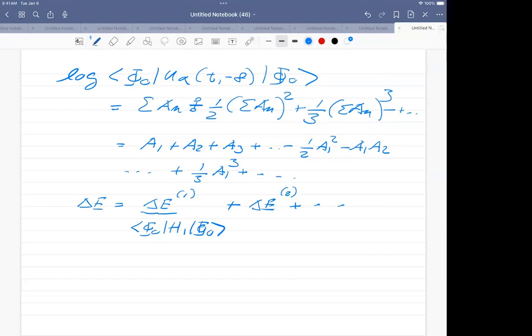And I'm just going to show you one of the recipes by which you would do that, because what we need now, if we look at delta E to first order, is that it is going to be given by the limit of alpha goes to 0 of i times the derivative of A_1 with respect to time.